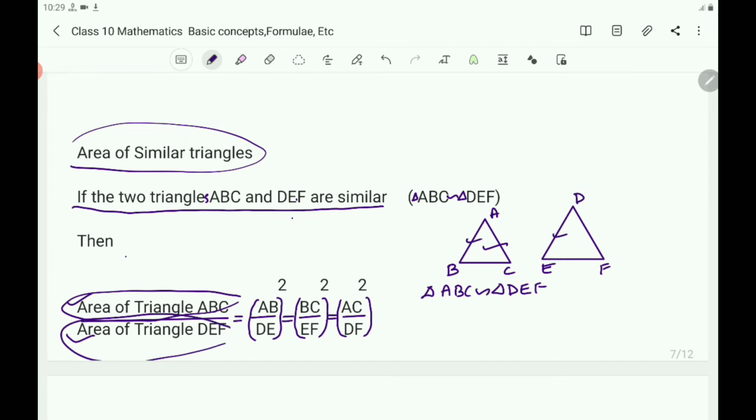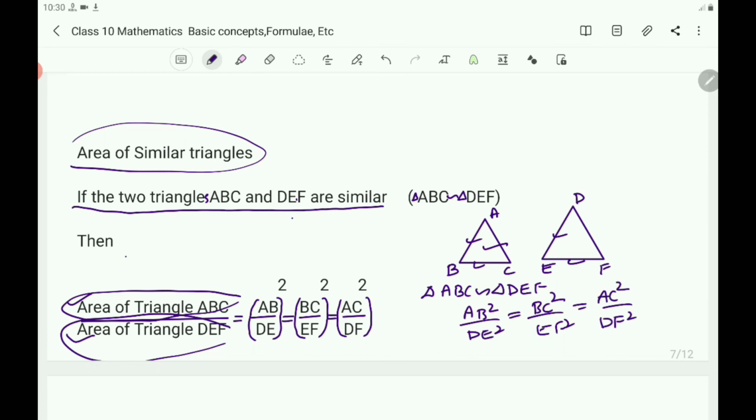AB by DE whole square or BC by EF whole square or AC by DF whole square. You can also write AB square by DE square, that is equal to BC square by EF square. Also you can take AC square by DF square.